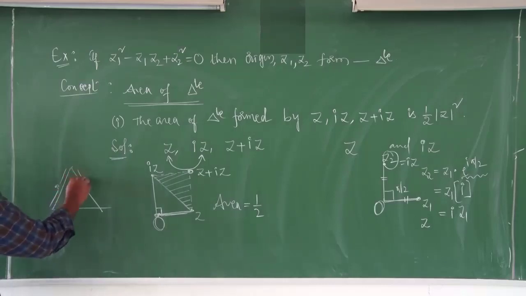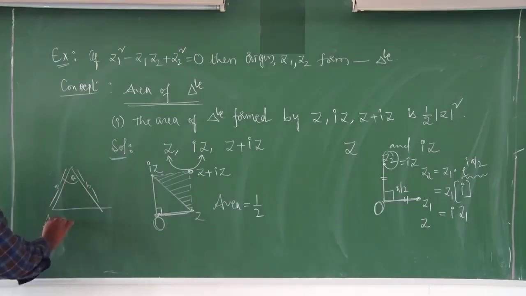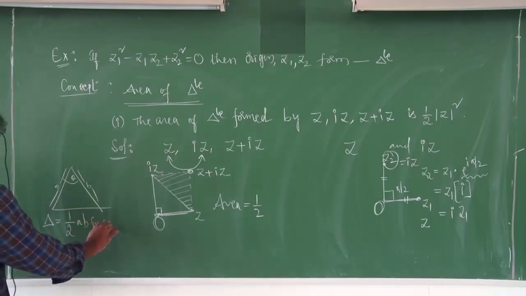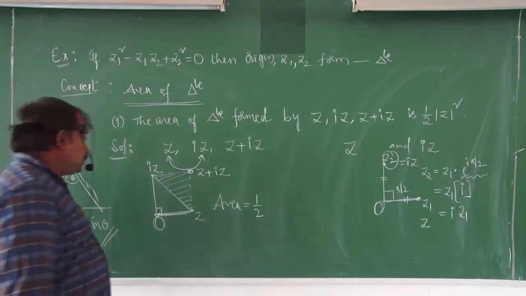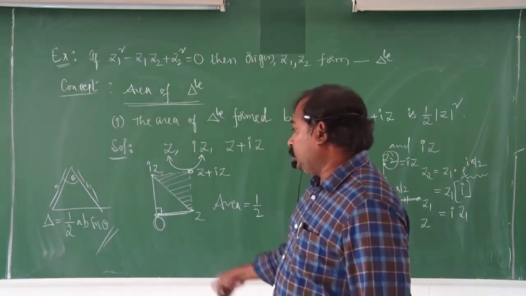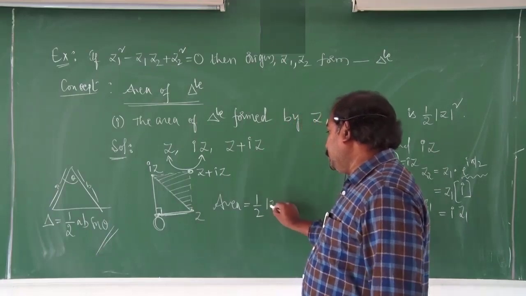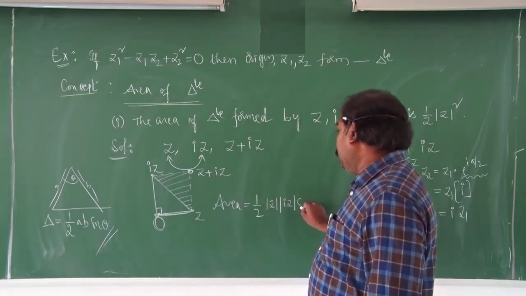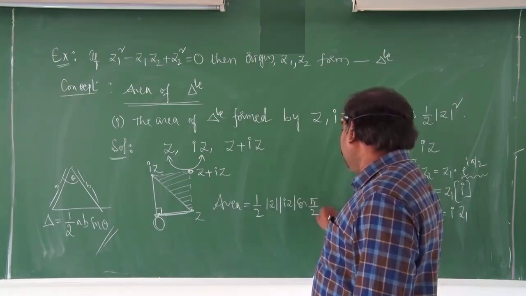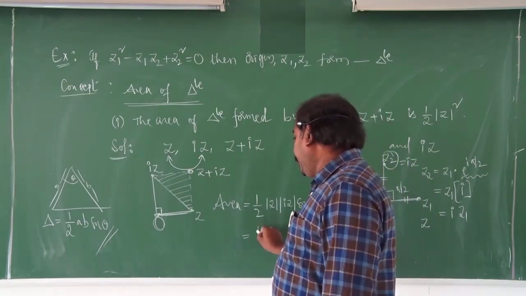This is the distance A, this is the distance B, and if the angle is theta, the area is half AB sin theta. Basing on this, area equals half into mod Z into mod IZ into sin pi by 2.